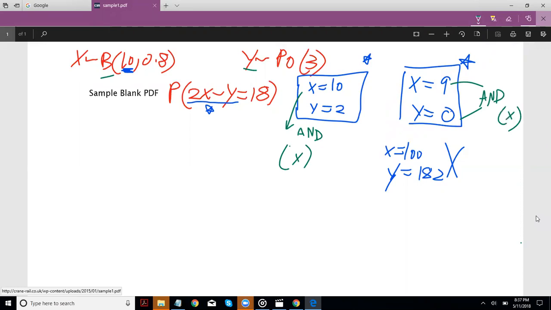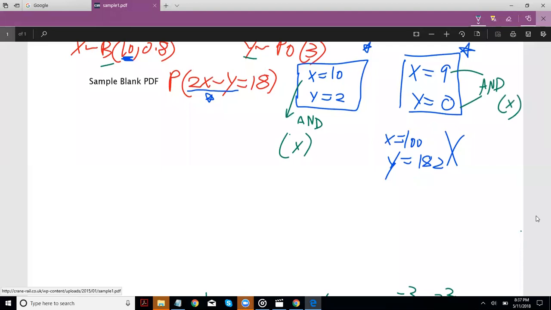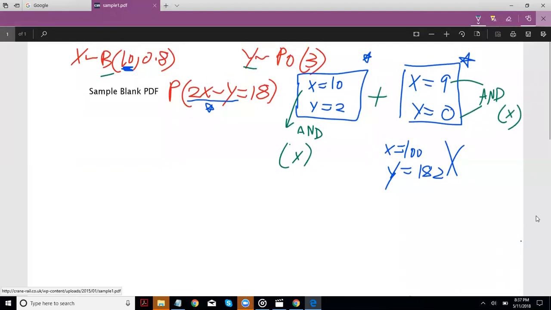So you find the probability that x is 9, for example, and multiply it with the probability that y is equal to 0. You have to find them separately because you're using different distributions for x and y. Once you have figured out the probability of the two separate combinations, you add them. Why do you add them? Because you're saying it could be this combination or this combination. Whenever you use or, you're going to add.